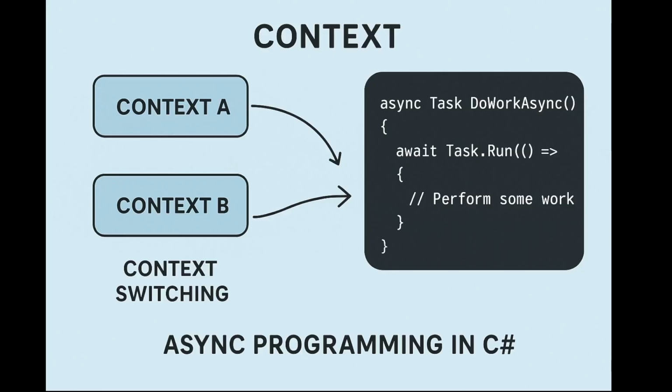This is important because it impacts the performance of your code, and it is so important to set it to false if you have library code, and set it to true if you have a main thread or UI thread in your code, like ASP.NET, or a UI thread like WPF or something like that.